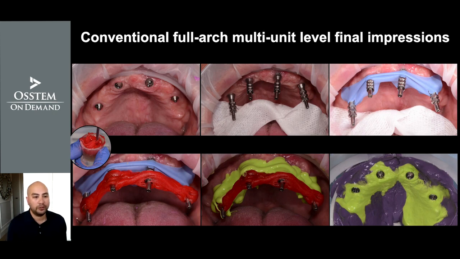This is the most frequent way to take the full arch final impression that I've always used when it comes to conventional protocols. So we place the impression copings on the multi-unit abutments, and then we create a chairside pattern resin jig, making sure that it's not at the same level as the residual ridge.